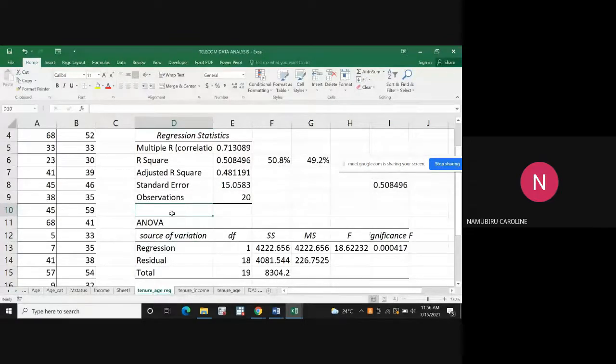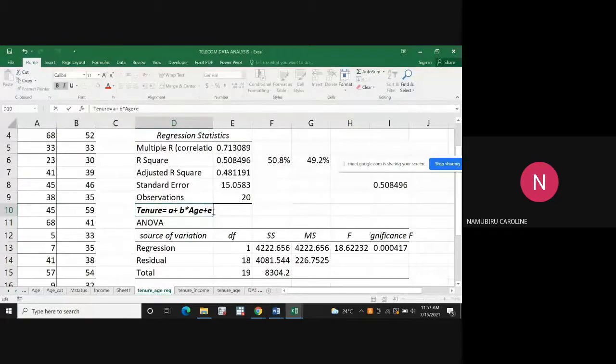The model we said we are running, please be steady a bit here, is a model where tenure is equal to A plus B age, because we are saying that age is our independent variable. So when we are running such a model, like this one we are having here, the understanding is that this one here is the regression. This A plus BX is a regression. Then, of course, we can recall that we had errors, something we used to call E, the EI.